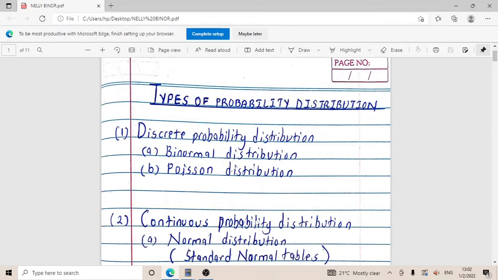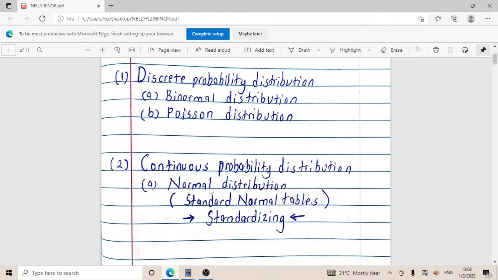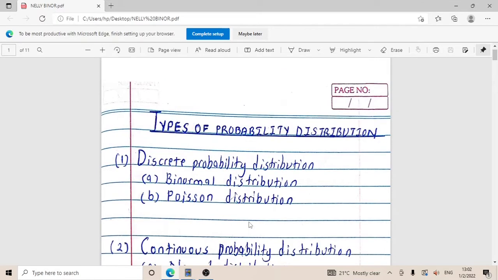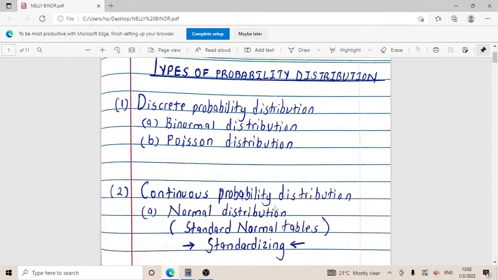With continuous, we have what we call normal distribution, and under it we have the standard normal tables, what they call standardizing. So make sure you watch the previous videos before this, and the videos that will come after. For the next videos we shall look at the Poisson distribution, the normal distribution and standardizing.